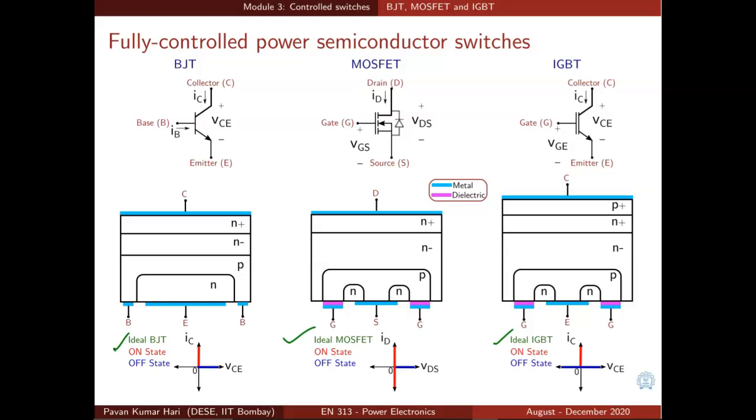Whereas for ideal MOSFET, the drain current ID can be either positive or negative in the on state, but VDS, the voltage between drain and source, when the device is off, can only be on the positive side. For IGBT, theoretically VCE can be in either direction when it is in off state, but usually it is limited. In fact, it cannot extend further. But the collector current is definitely unidirectional, it cannot conduct in the reverse direction.